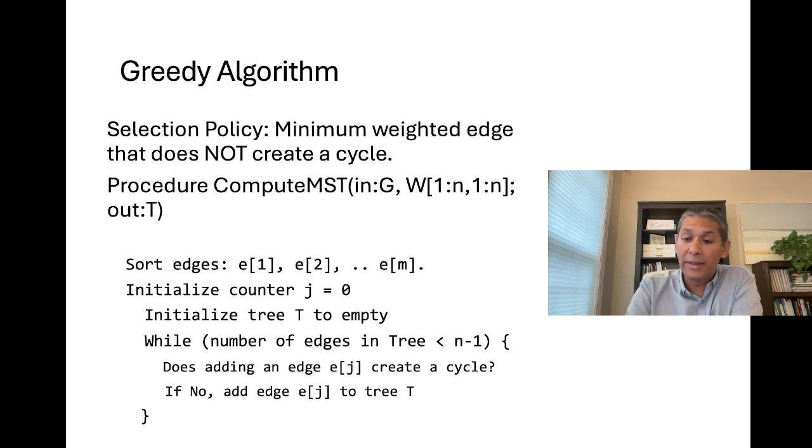Minimum spanning tree is a very well-motivated problem. In fact, one of the first times it was formulated, I believe in the 1920s, was for electrification. You're trying to connect all the locations of a region, specifically Moravia in the Czech Republic, to one electricity grid, and you wanted to do that in the cheapest way.